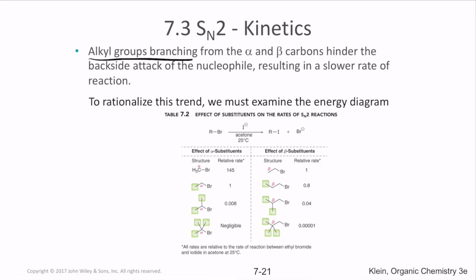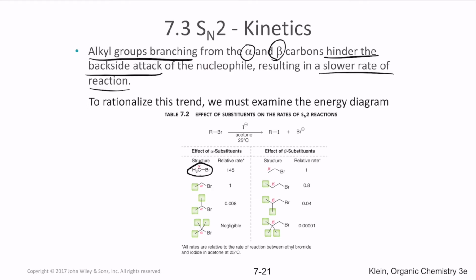Alkyl group branching from the alpha and beta carbons also hinders the backside attack of the nucleophile, resulting in a slower reaction rate. If the alpha carbon is more hindered, that reduces the relative rate of reaction.